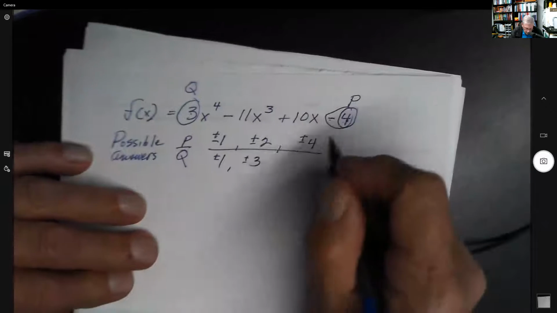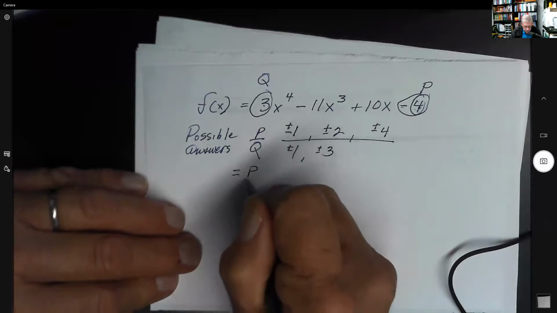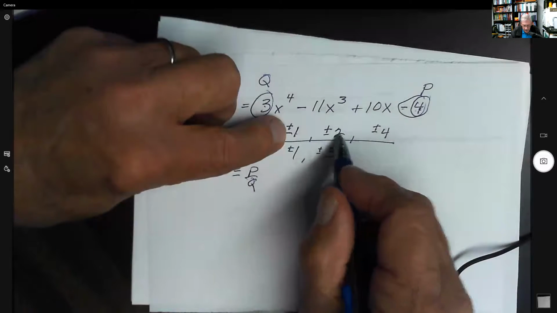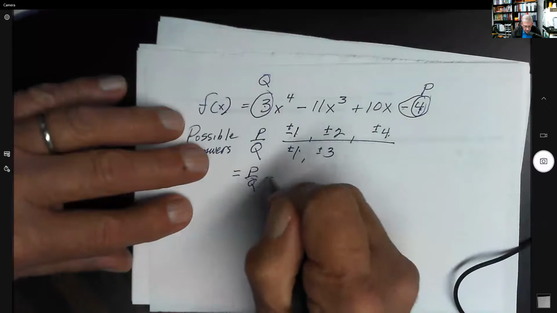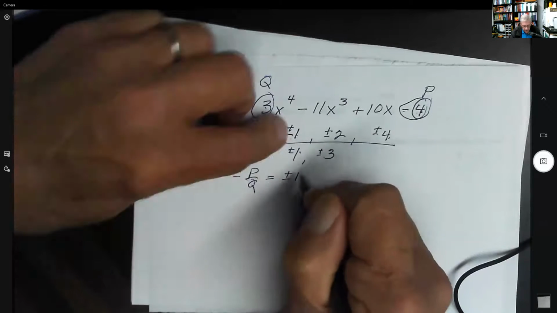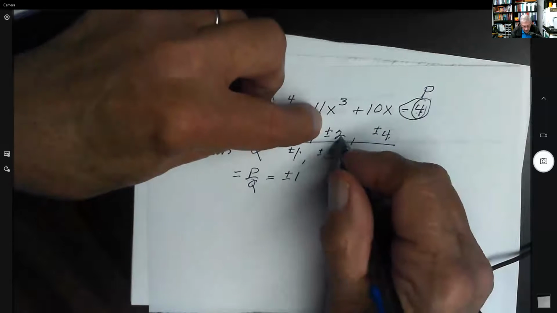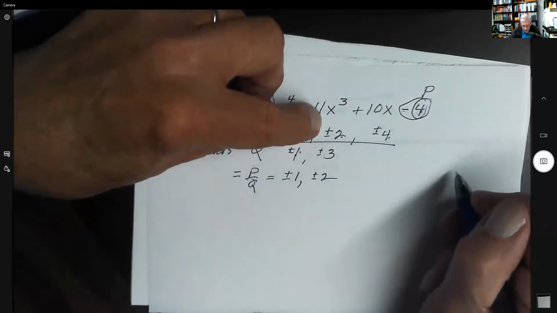So what are the possible answers? I'll put them down here. It could be all these numbers right here divided by 1. So plus or minus 1 divided by plus or minus 1 is going to be plus or minus 1. Plus or minus 2 divided by plus or minus 2 is going to be plus or minus 2.